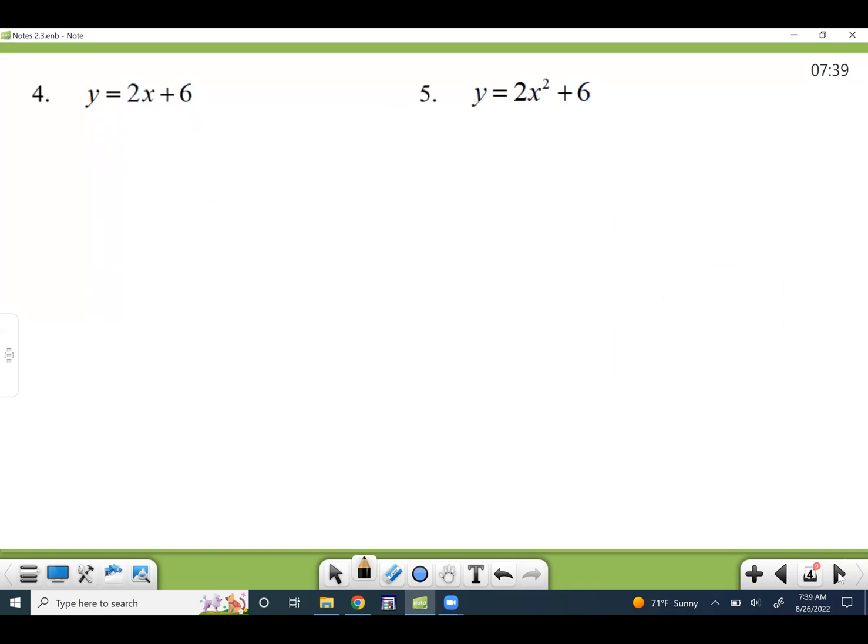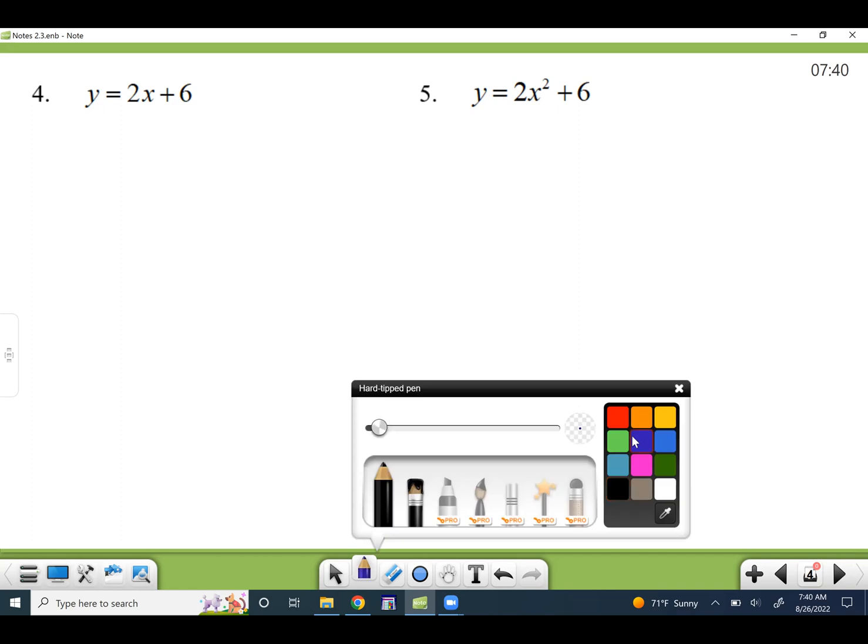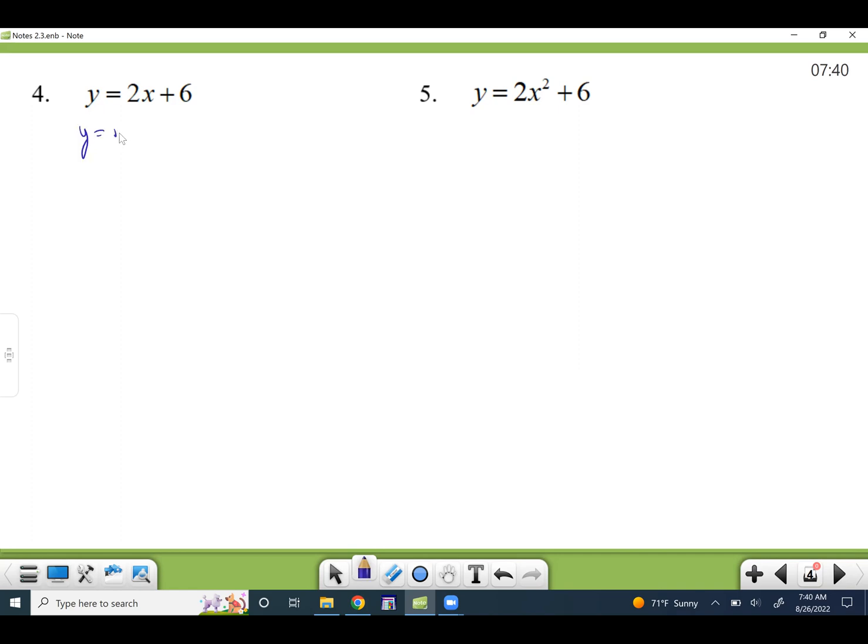Now these are giving us an equation, not a mapping diagram or a set of ordered pairs. A lot of times it's hard to teach how to think about these because there are a lot of ways to think about it. But you might remember that this is a line from a previous math class.